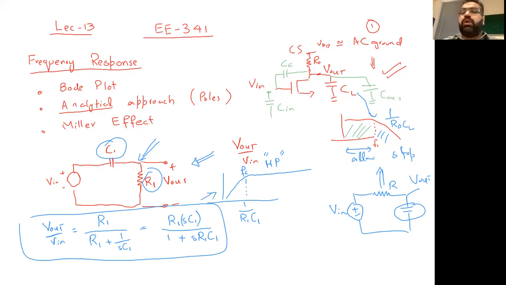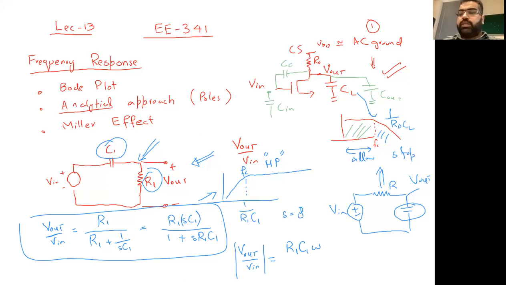If you want to separate the magnitude initially, we can just take the mod value. V out by V in mod will be equivalent to taking the square and getting rid of that S. S is equal to j omega.